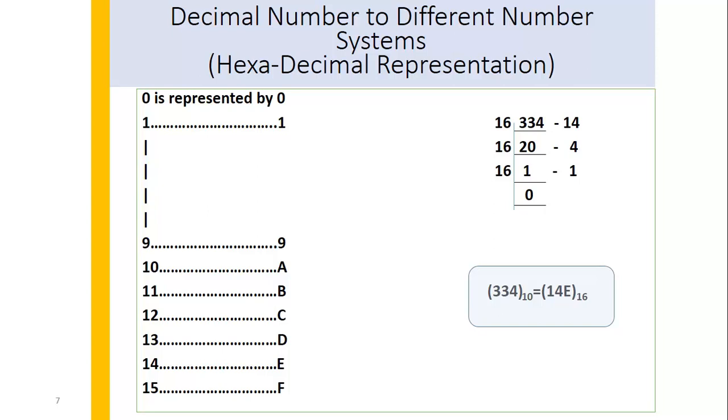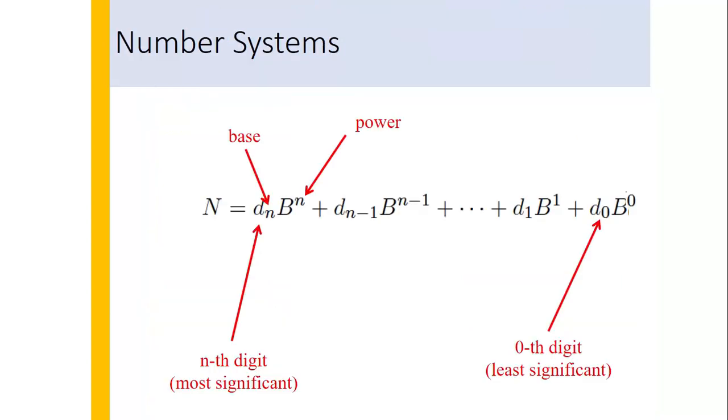I hope it's clear. Anyways, coming back to the number system formula, or rather the equation that we discussed in the last session, where N is equal to the nth digit times base to the power n, and so on till the 0th digit, the first digit from the right, times base to the power 0.